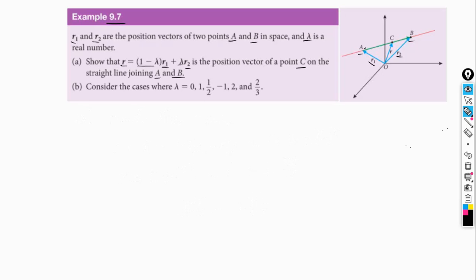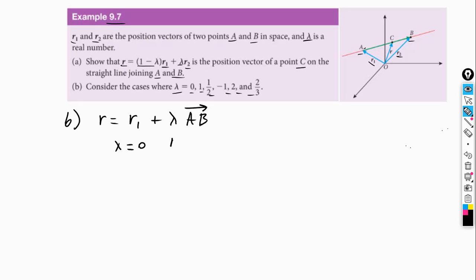So for part B, they want us to consider the cases where lambda is equal to 0, 1, 1/2, -1, 2, and 2/3. So that means what happens if we substitute, and let's use this formula: r is equal to r1 plus lambda times vector AB. So the question is, what happens when lambda is equal to 0?